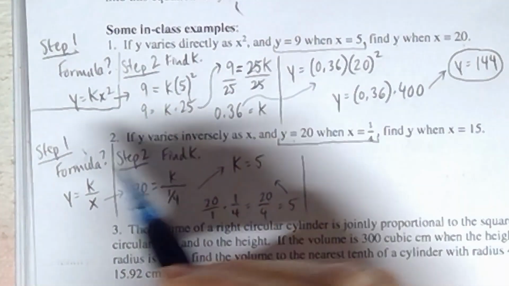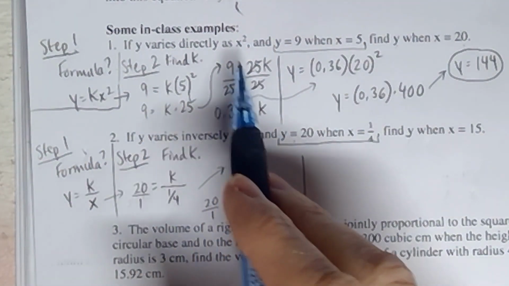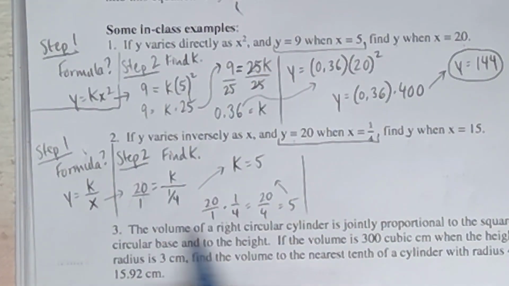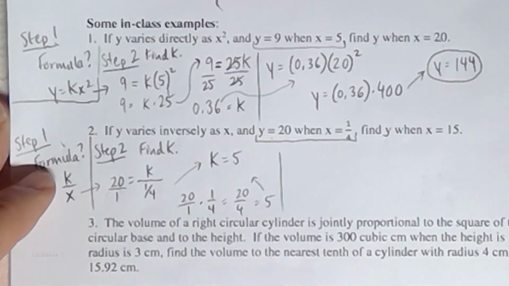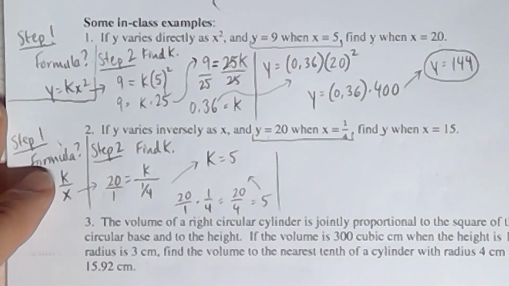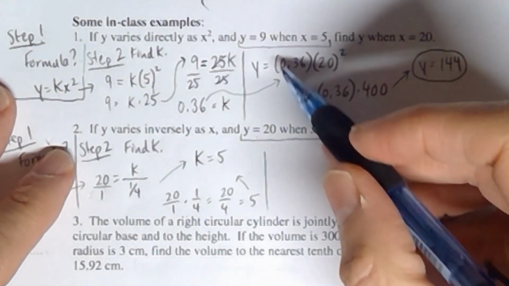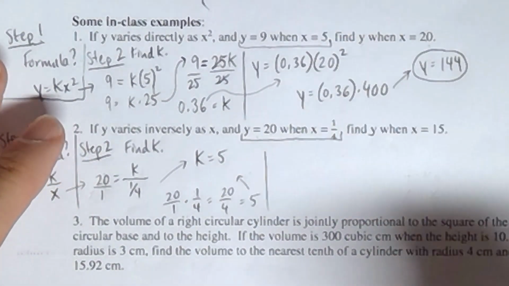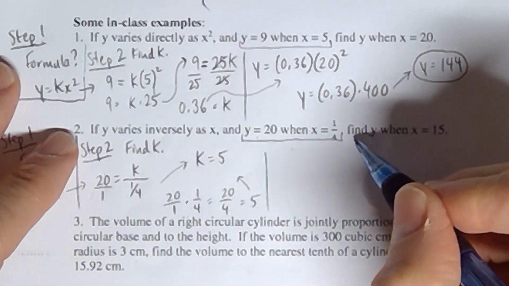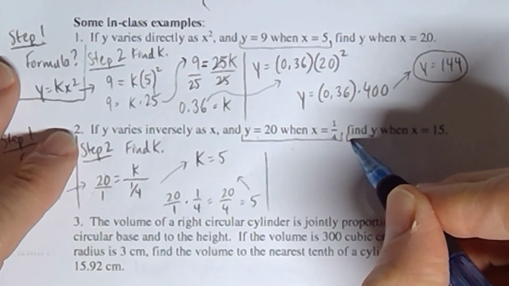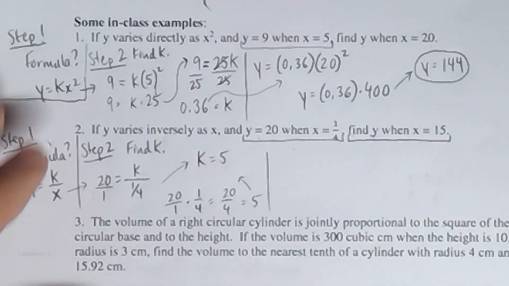Just like in the last problem, you guys: establish your formula, figure out what k is, because that's always going to be the thing that gets in your way, the fact that you don't know what k is until the second step. Then once you do know what k is, the final step is to take the final question they asked us, which is find y when x is equal to 15.